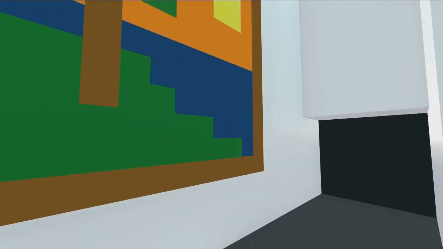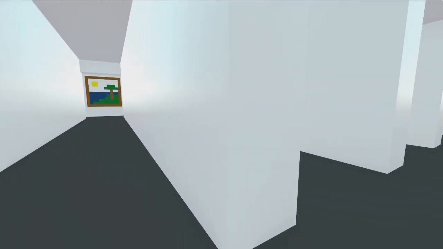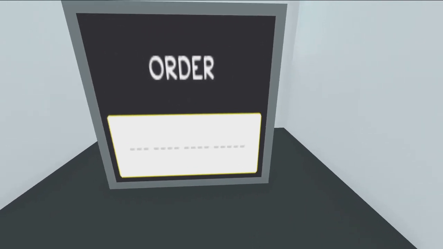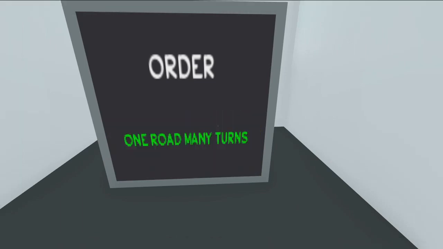And turns, turns, turns, turns. 1, 2, 3, 4 would be like 1 road, many turns. 1 road, many turns. That's it, right? 1 road, many turns.